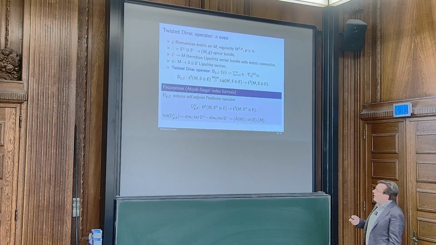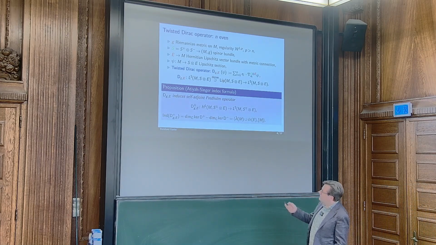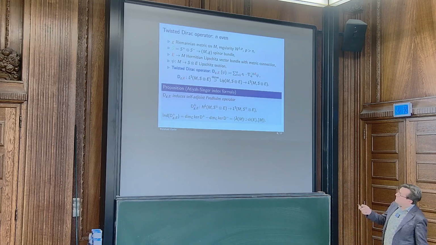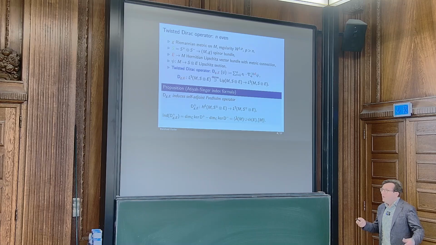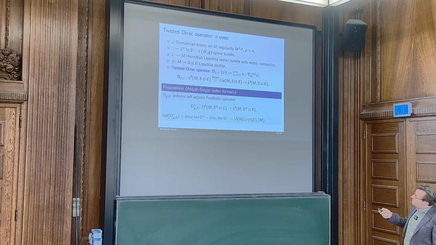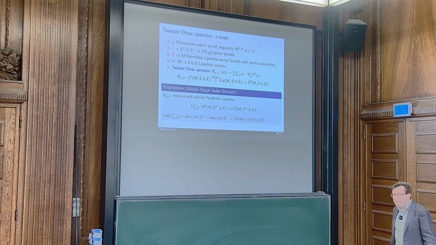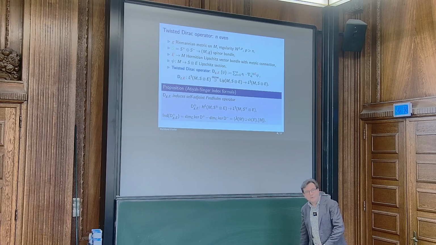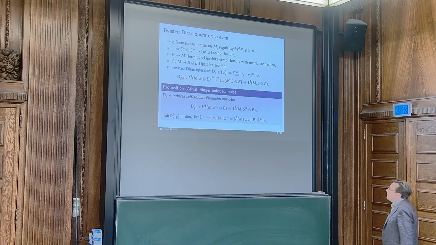Now I look at sections of the tensor product of these two bundles. So I do not just take sections of S as I did before, but in addition, I take the tensor product with this artificial additional bundle E. And you will see on the next slide where this bundle comes from.